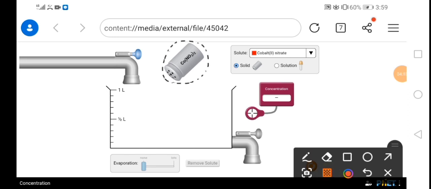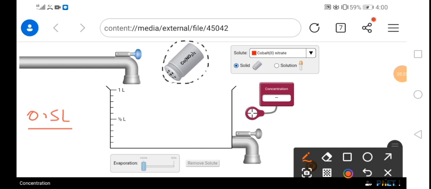I am going to add distilled water up to the mark of 0.5 liters. Okay, meaning 1/2, as you can see there. You need to remember that if we have 1 liter, it means we have 1 decimeter cubic of the solution.